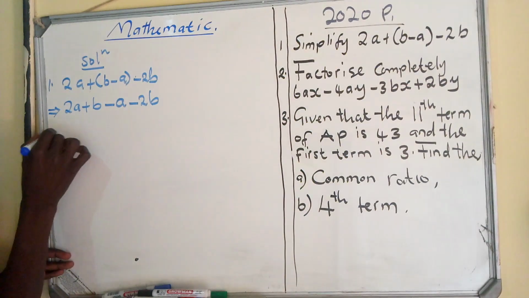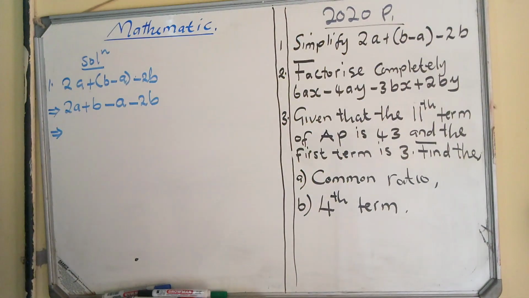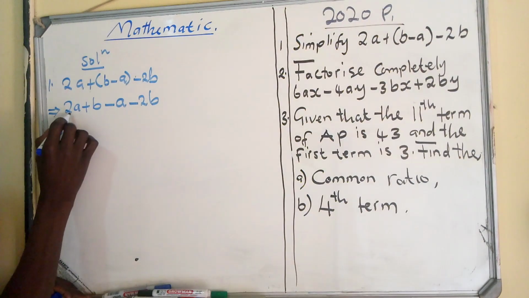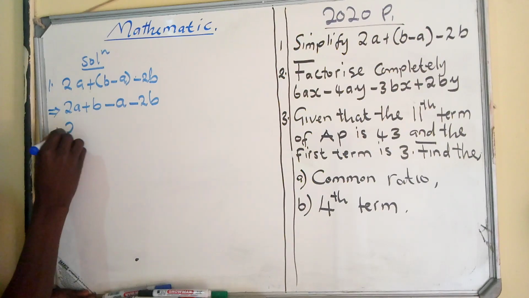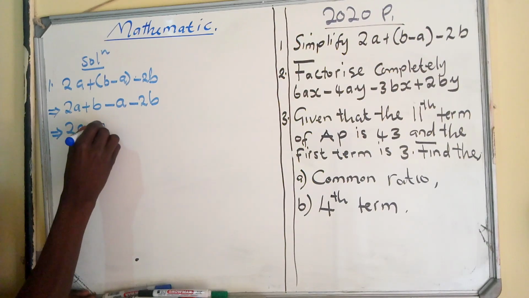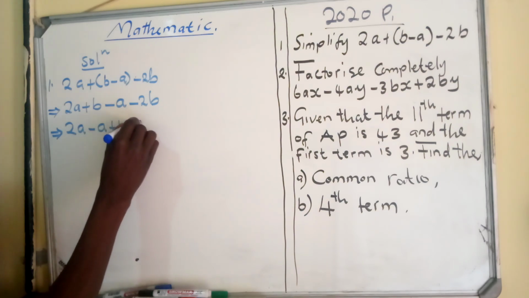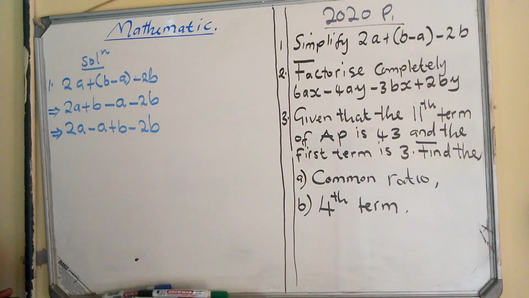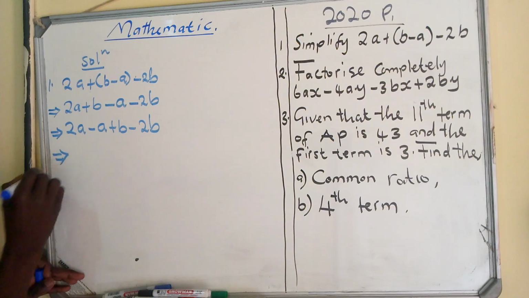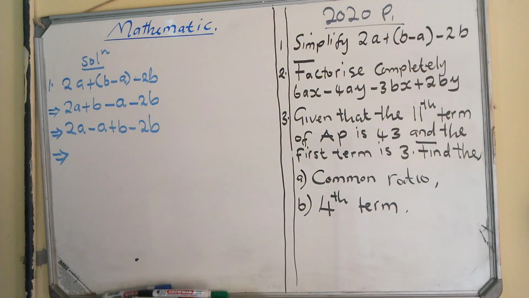So what is the next step? The next step is now to collect the like terms. The like terms are 2a and a, so it will be 2a minus a, and then plus b minus 2b, like that. The next step is now to subtract or to add where necessary.